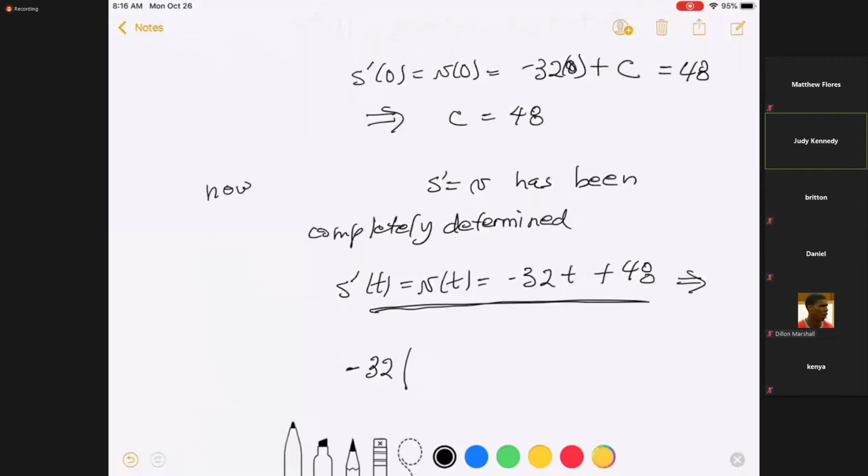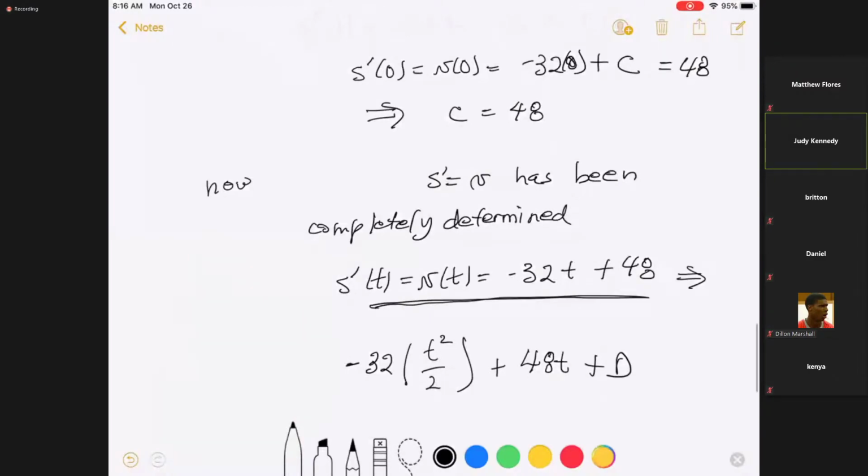Well, here n is 1, so n plus 1 is 2. The antiderivative for t is t squared over 2. And then an antiderivative for 48. These functions are added, so we can add their antiderivatives. That was in our list above. And we get another constant, d.